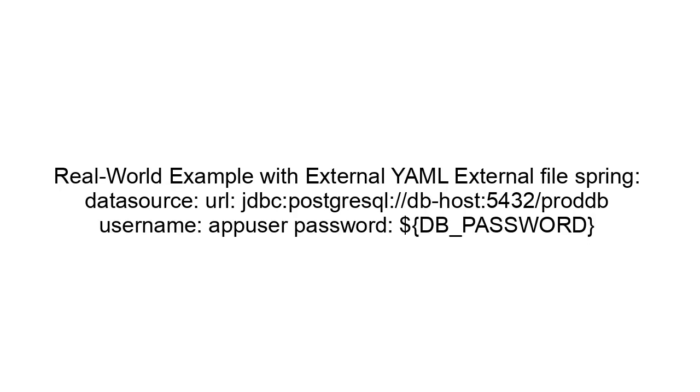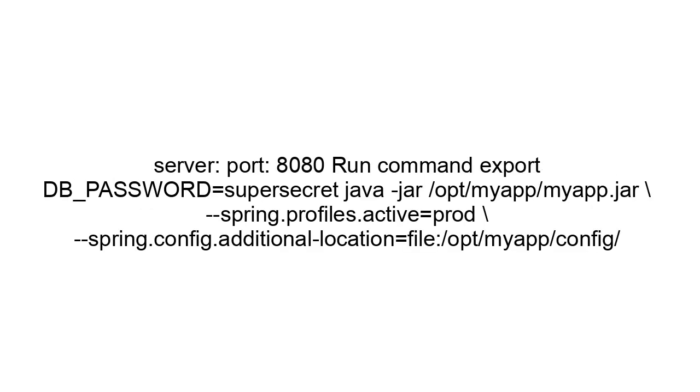Real-world example with an external YAML file: spring datasource url jdbc:postgresql://dbhost:5432/proddb, username appuser, password ${DB_PASSWORD}. Server port 8080.